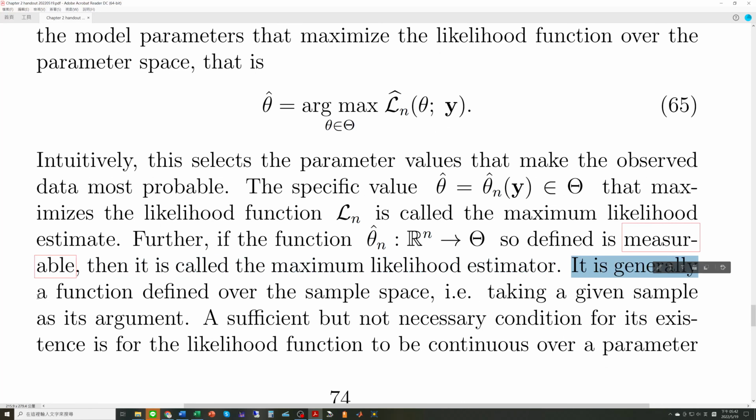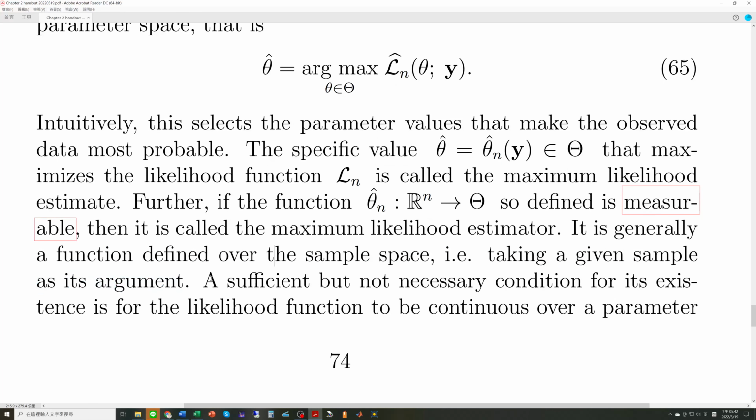It is generally a function defined over the sample space, taking a given sample as its argument. So you can see that in theta hat n of y, y is a given sample as its argument.